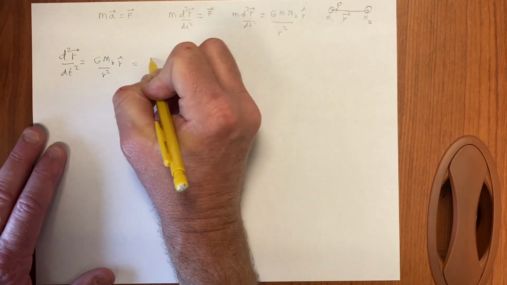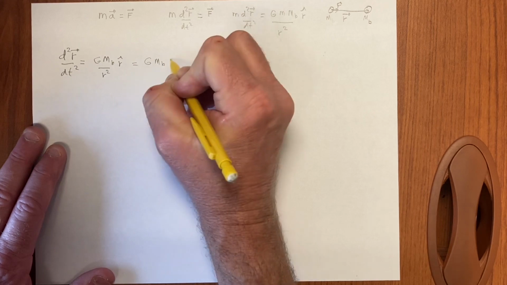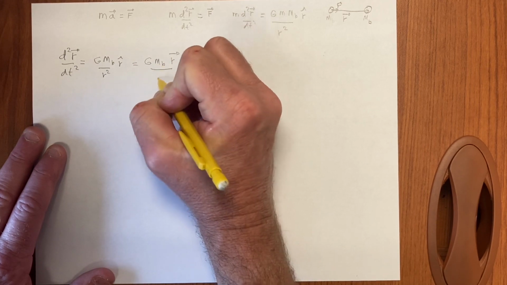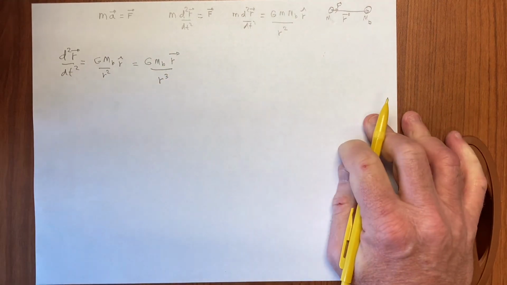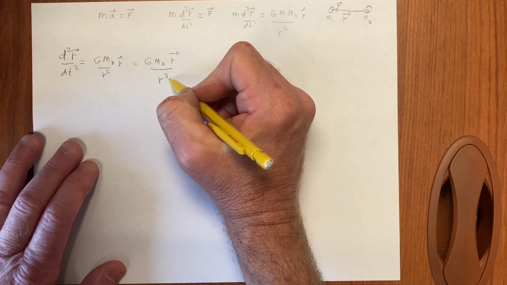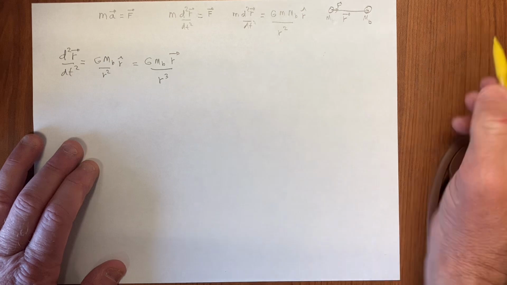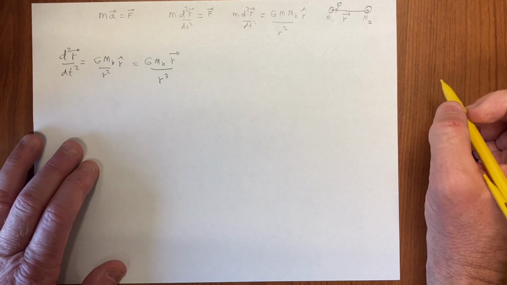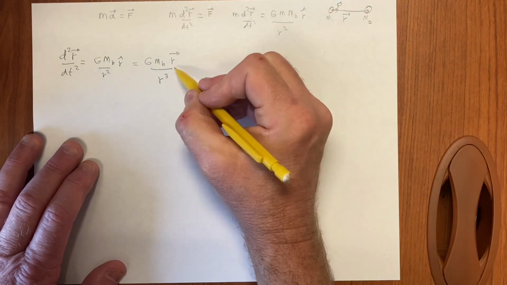We could write this as G mb r vector over r cubed, because r hat is just r over r. It's the r vector over r, the magnitude. Okay, so what follows from this?